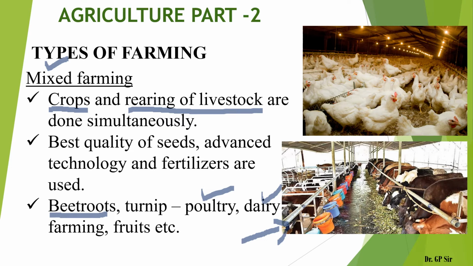So best quality seeds are used, advanced scientific technology is used, and fertilizers are used, because without fertilizers you cannot get good production, good yield. With advanced technology in terms of irrigation, along with fertilizers, obviously you get a good yield, unless there are natural calamities like floods.